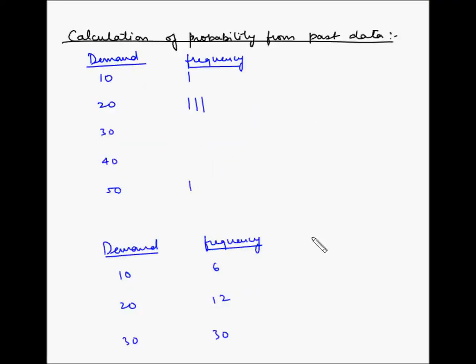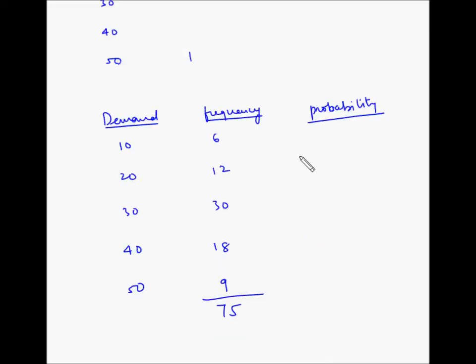So let's find out the probability. So the first one is 6 by 75, which is equal to 0.08. Second is 12 by 75, which is equal to 0.16.